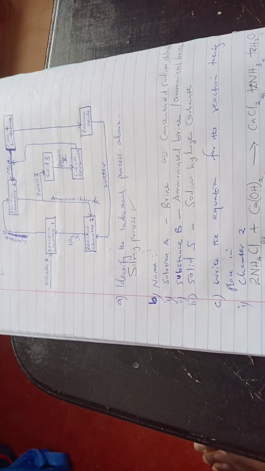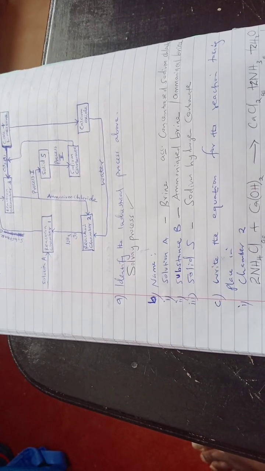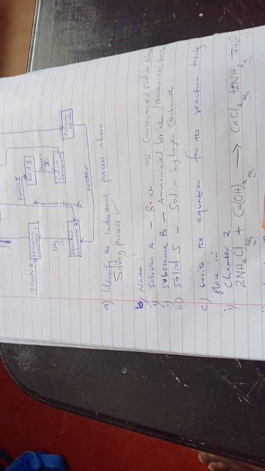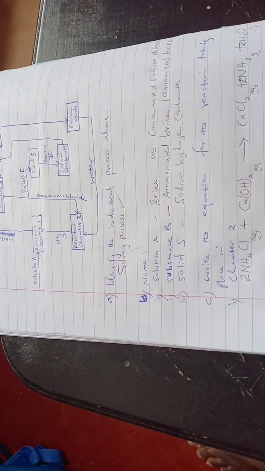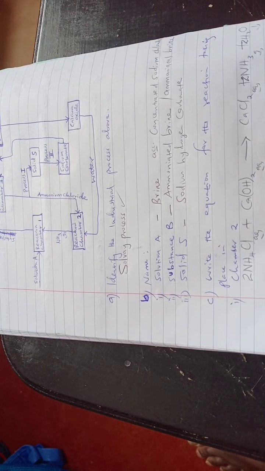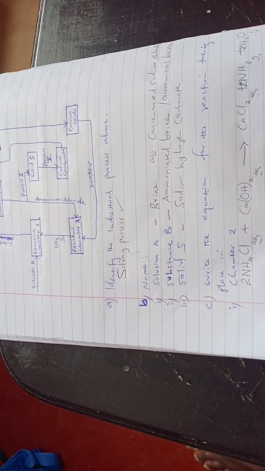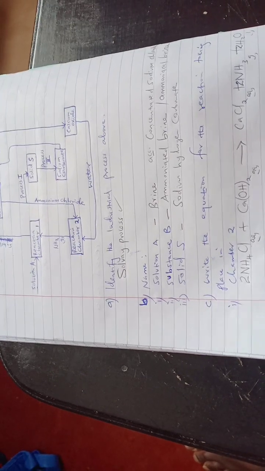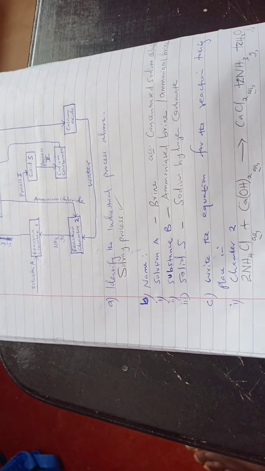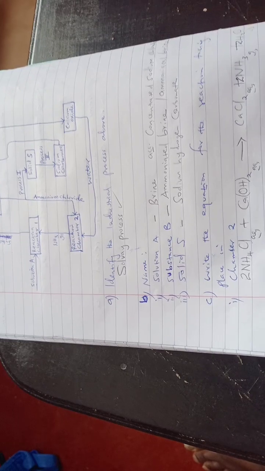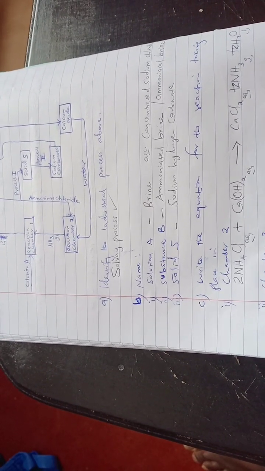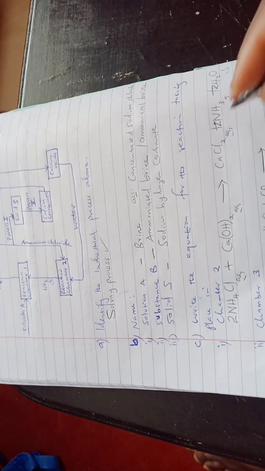So what happens? You will have sodium chloride, your brine, aqueous, plus ammonia gas, plus water, plus the carbon dioxide. All these are fed into chamber 3 so that it will give us what? Two products.